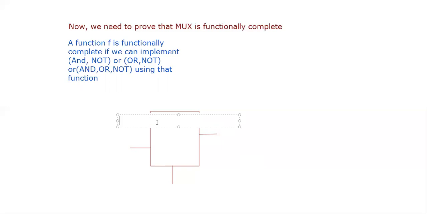Okay, now let's go through this MUX case. Let us draw the simpler 2 cross 1 MUX. All of them are simple, but I am drawing 2 cross 1 MUX. So this is my I naught, and this is my I1.